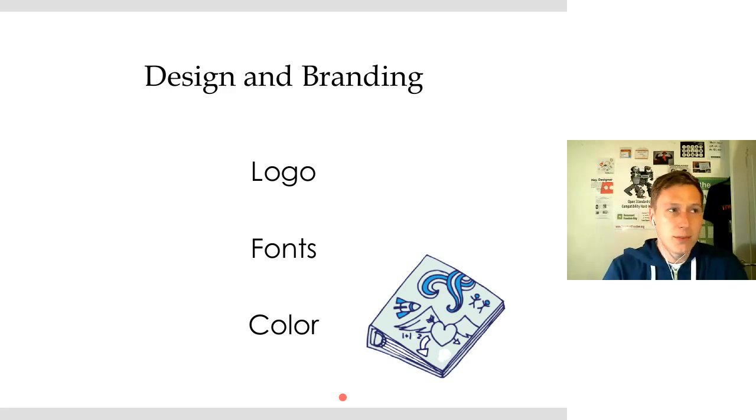What does it represent? Why do you use these fonts? Are they just looking cool, or are they designed to be very readable or legible? And the colors you use, maybe in your print style guides, you have really weird colors. How do they work on your screen?